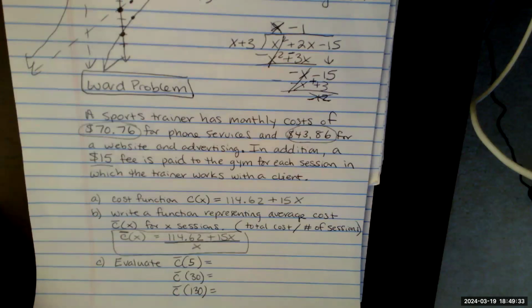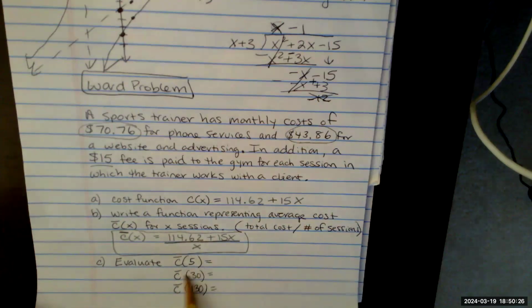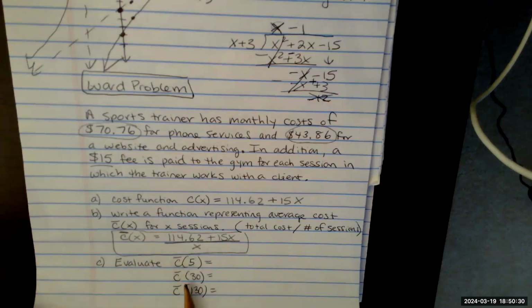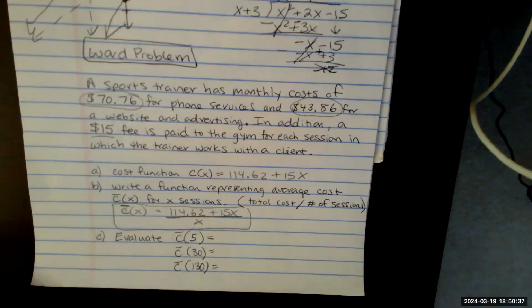And now we're going to plug in some of these. Okay, so now we're going to plug in these numbers. So this is finding out what's the average cost if there were 5 sessions, what's the average cost if there were 30, and what's the average cost if there were 130. So you're just plugging these numbers in for X. Make sure you do the right order of operations.